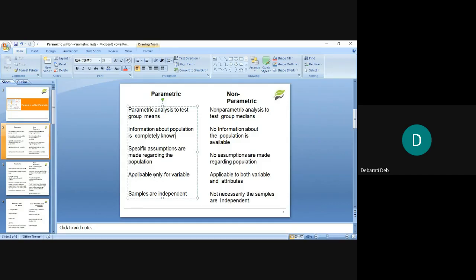It means these two homes are dependent on each other. If one portion has a lot of space for farming, the other is not going to have, because part of one portion has been eaten up by the other portion, isn't it? So these are dependent samples. One is dependent on the other.